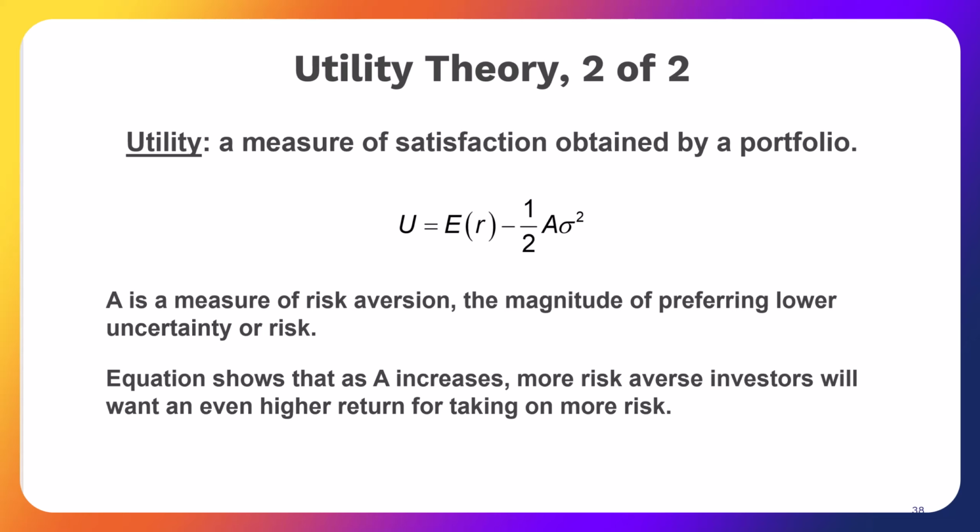If that A is greater than 0, we say the person is risk averse. If it equals 0, they're risk neutral. If it's less than 0, we say that is gambling kind of activity. Most people are going to tend to be between 2 and 4.